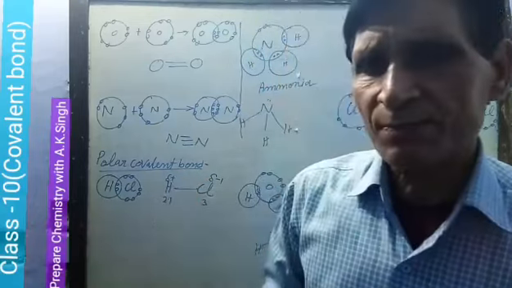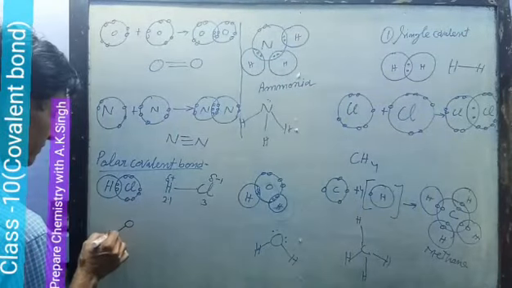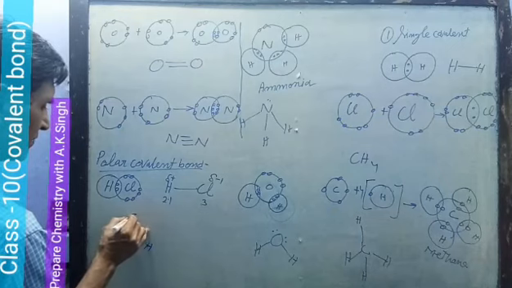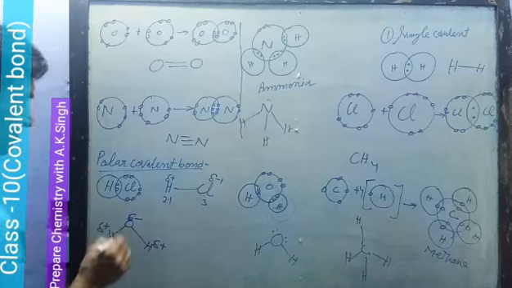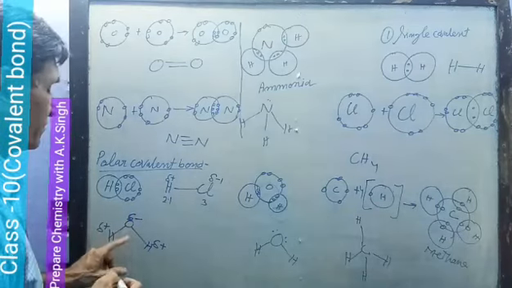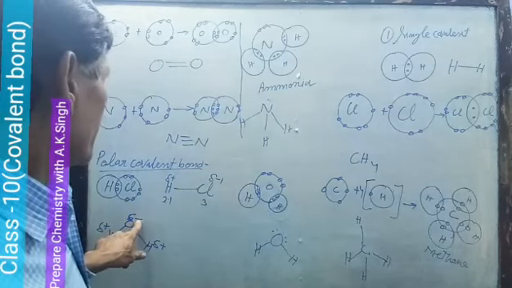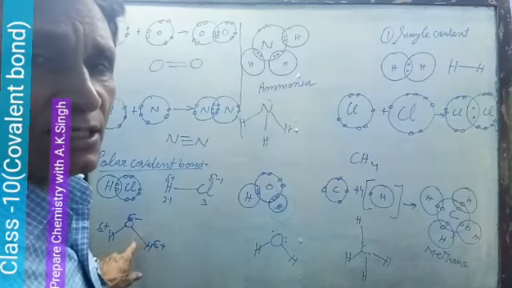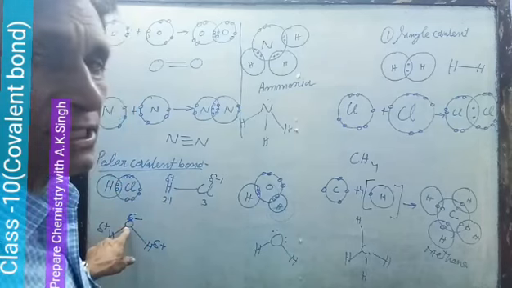Now some more examples, like water. Here the shared electron pair is attracted more by the oxygen atom, and this is why here is a partial negative charge and here is a partial positive charge, because the shared electron pair is more towards the oxygen atom.